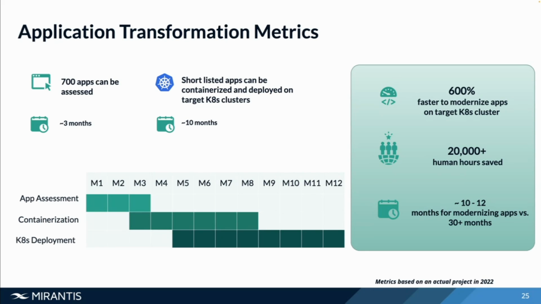And if you look at the amount of time that we saved during that, we can count that as around 20,000 human hours saved compared to doing it manually, right? Because the way that the tool automates all the process, it saved a lot of time for people, right? It also improved the way that these applications are being deployed on these environments. So we achieved 600% efficiency in terms of deployment for these applications, right?